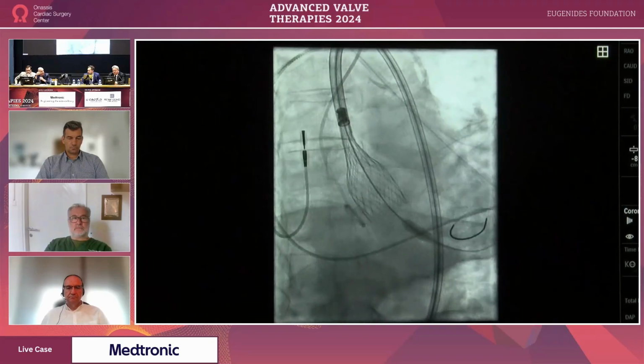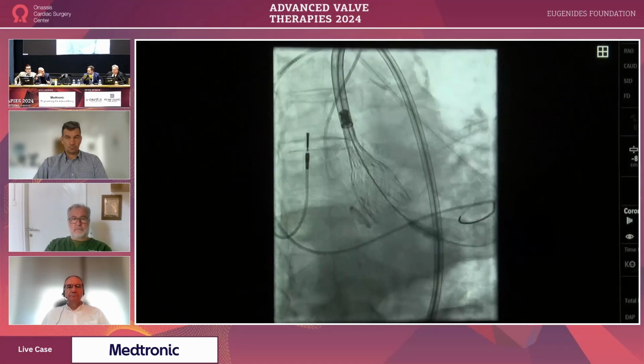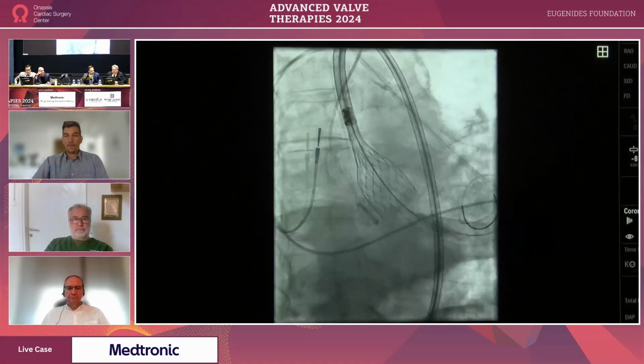No question about it. And TAVR is almost impossible. So I think that putting this as a target, in order to show, hey, I can implant high and lower pacemaker, is wrong. And this wrong attitude has been dedicated for quite a long time.